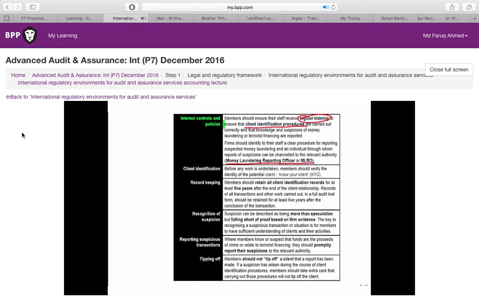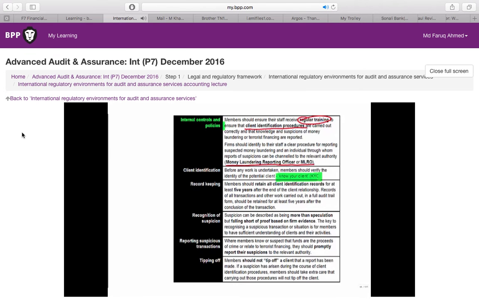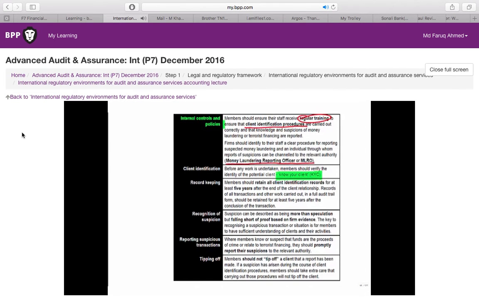Now, in terms of identifying particular work as far as clients are concerned, it all comes under the banner of what we call Know Your Client, or KYC, information. All information in respect of clients needs to be maintained, you can see here for 5 years, and anything that might escalate you from a general interest in your client's work into perhaps being concerned that it might be a case of money laundering.